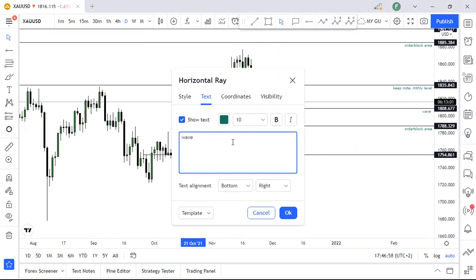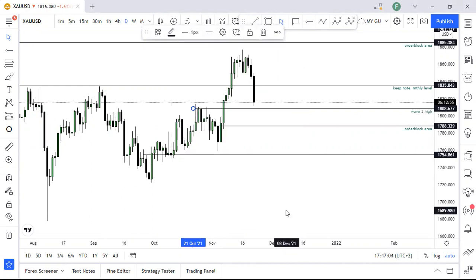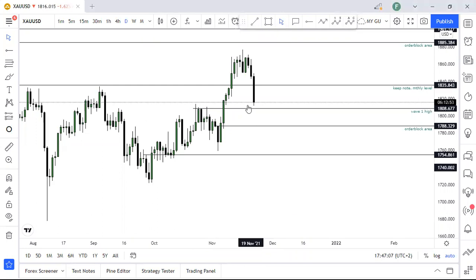So let's just say wave 1, right? And if that's 1, then price needs to at least reject around this area for it to go higher. If it doesn't reject, let's say this candle comes to close below, then that's invalidating our analysis.